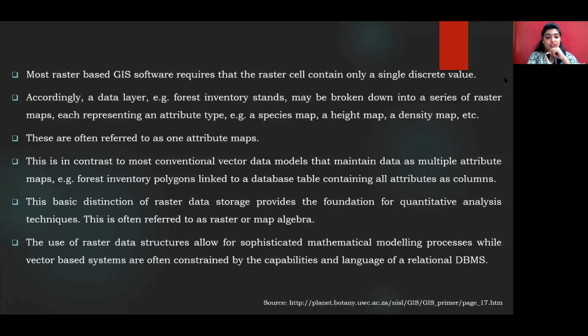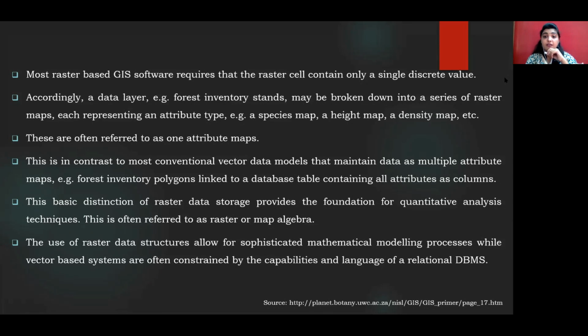There has to be a species map, then a height map, then a density map. These layers have to be constructed if I want a forest map in that case, because the forest will depend on the height, what the species are in the forest, and what the density of the forest is.